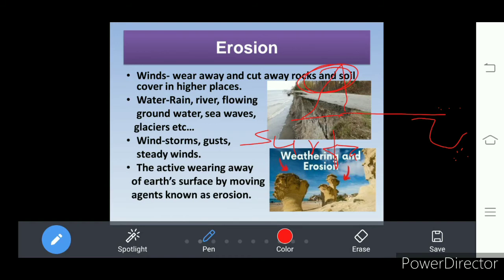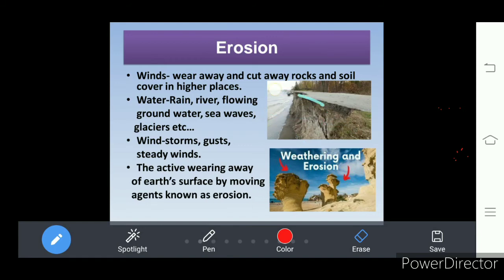So here the top of the mountains, the top of the earth surface, the top of the plateaus are exposed to the active wearing away by the wind and water. That is called erosion.